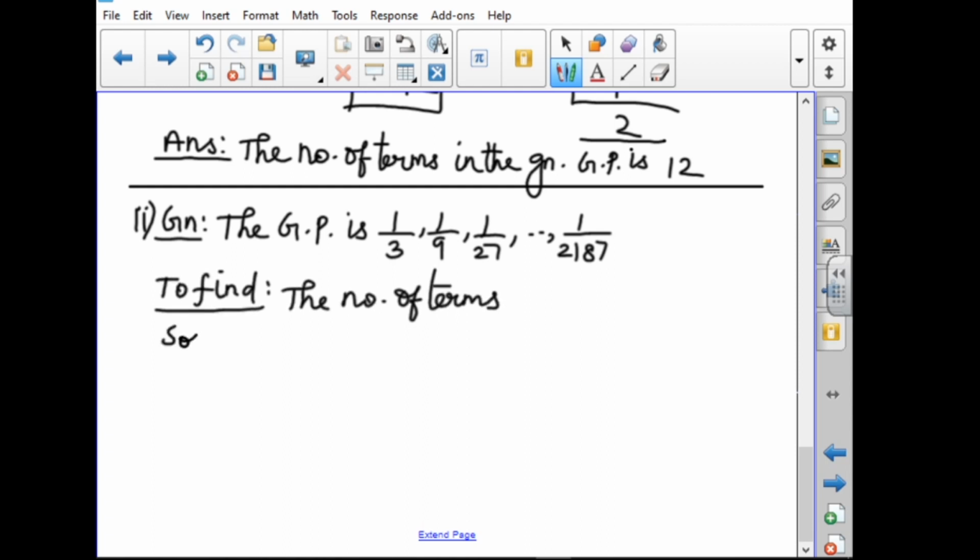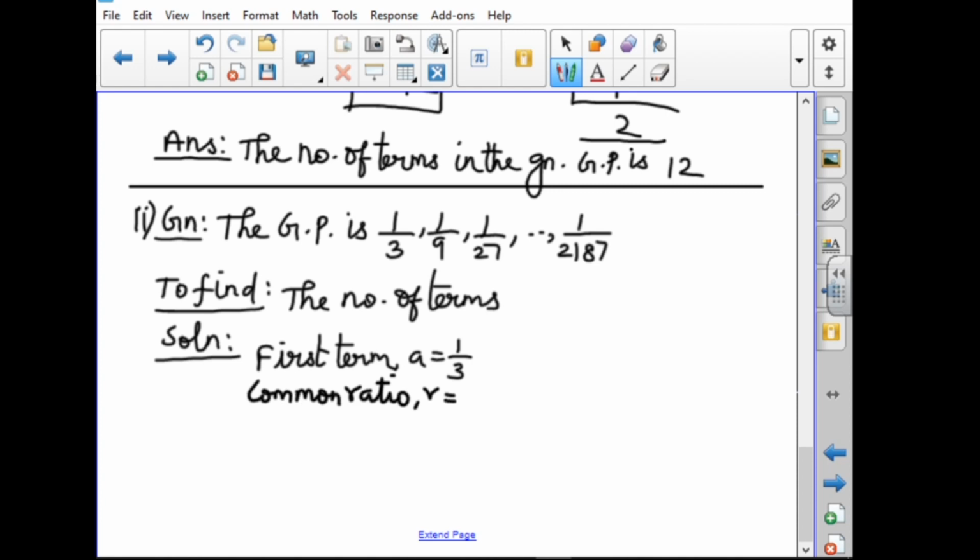Solution. First term A is 1 by 3. Common ratio R equal to T2 by T1.